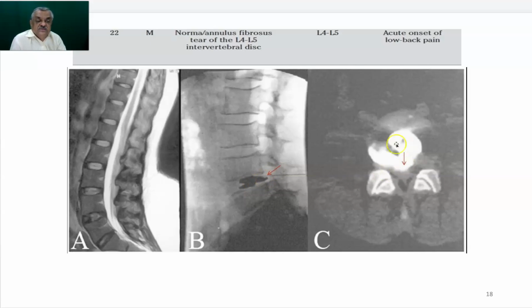There is a leak here which can be seen with a post-discogram CT, and this patient had an acute onset low back pain because of annular tear at L4-5. Now this information will not be available to us unless we do a discogram and demonstrate this tear. So doing a discography definitely helps, but clinically, if you are able to make out these things, then over a period of time, because you see many more patients, you will be able to diagnose them clinically and on MRI.